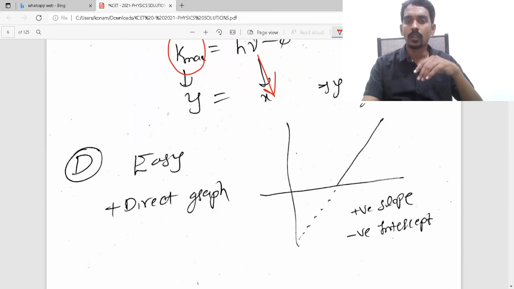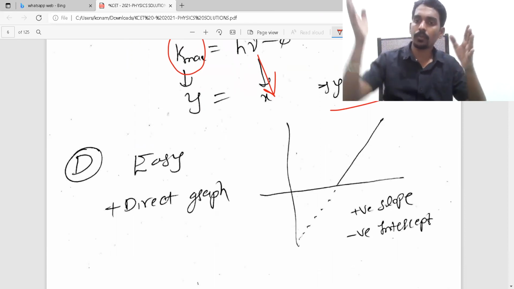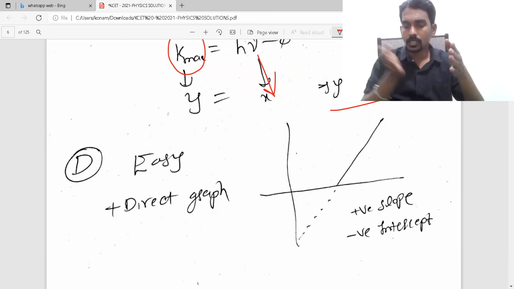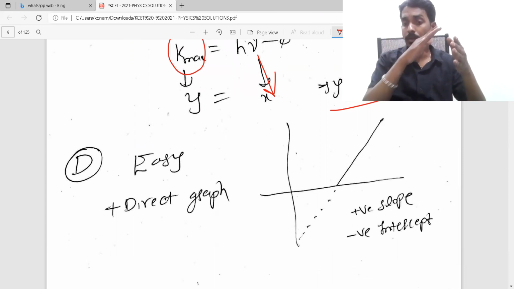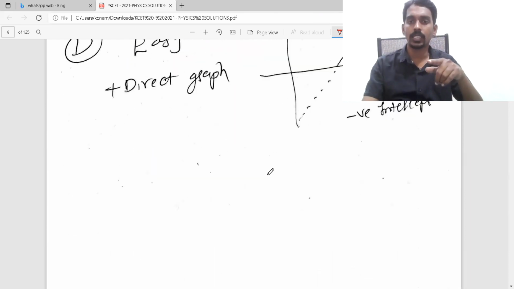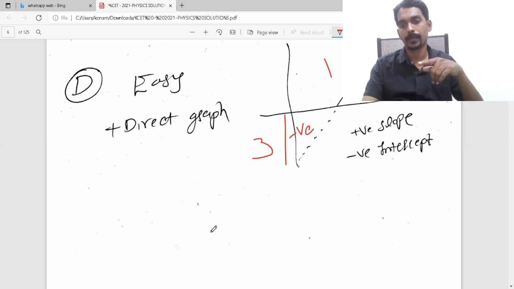Y equal to mx minus c means positive slope and negative intercept. Positive slope means it will go from the first region to the third region, and negative intercept also. Like here I am showing you. See here, it is going from the first region to the third region, and the intercept is also negative. That is what you need to understand here.